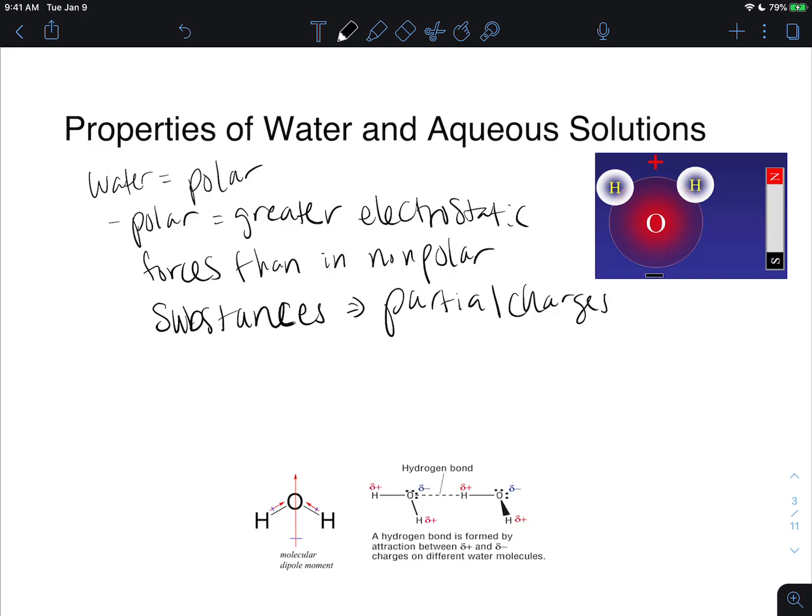As a result of these partial charges, things are going to be held together better, right? They're going to be more attracted to each other. So they're going to have higher boiling points, and so a higher boiling point for water than other similarly massed things.